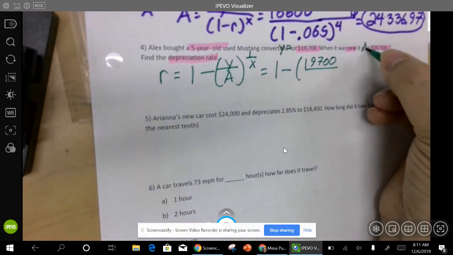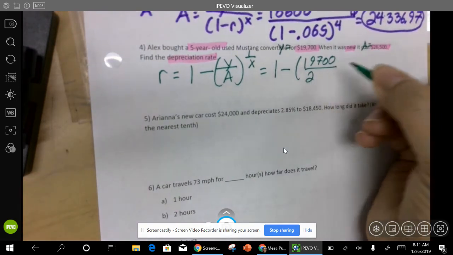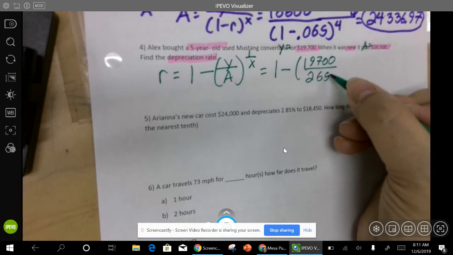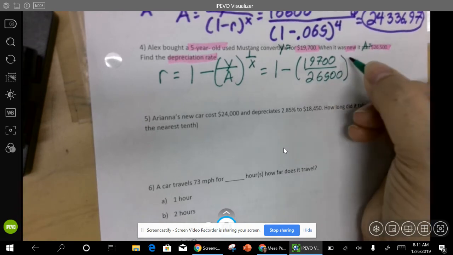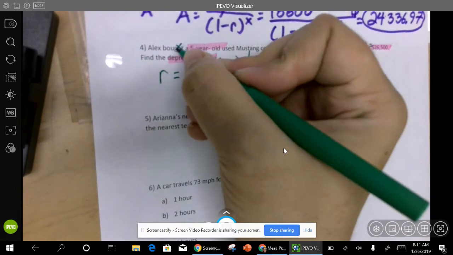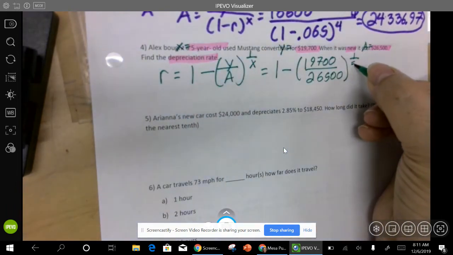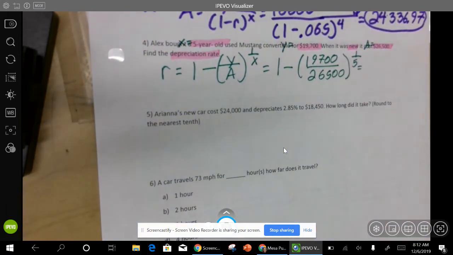When it was new, it cost 26,500, and then 1 over 5. So it's going to be 1 minus.